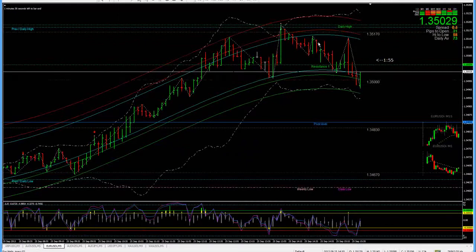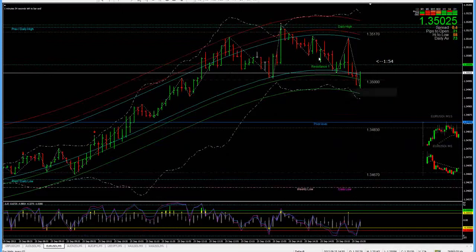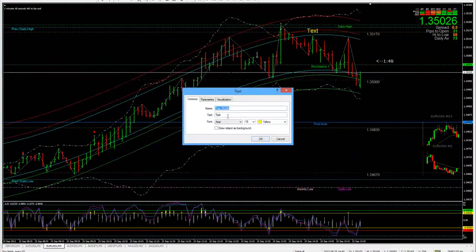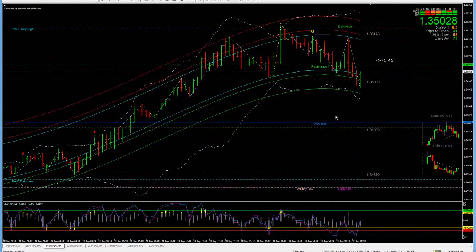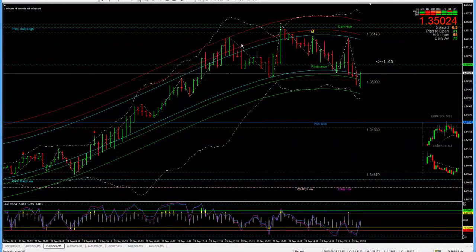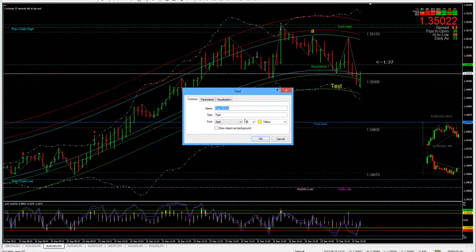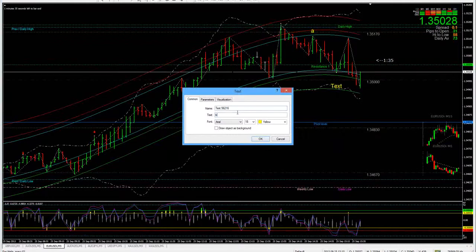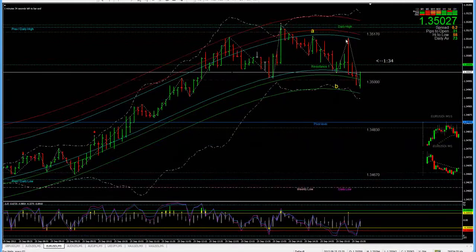So right here, this one's kind of tricky. We have A, price moves down. And again, we're just using the zigzag tool that's just standard with MT4 to take a look at these. B, up here.